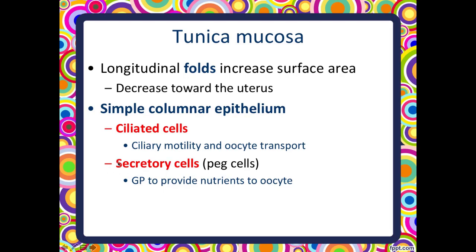Second type are the secretory cells, sometimes called PEG cells. These are cells producing special proteins to provide nutrition to the oocyte and then the developing embryo.